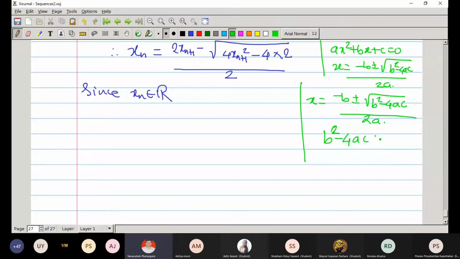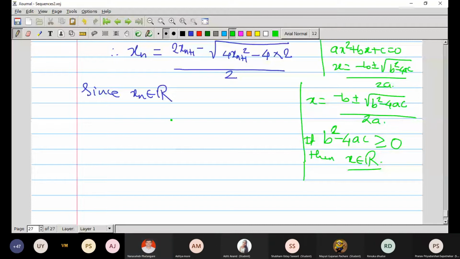If this is greater than or equal to 0, then x is a real number. If b square minus 4ac is negative, then roots are complex, right? That's why b square minus 4ac is called a discriminant, because it discriminates among the roots.